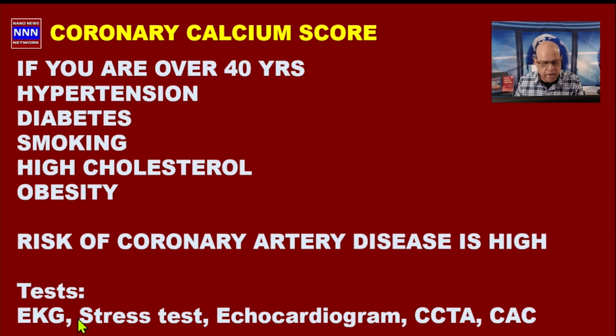There are various modalities that are available to us, and coronary calcium score is an additional measure that will help us to assess the risk of having cardiovascular events in the future over a 10-year period.